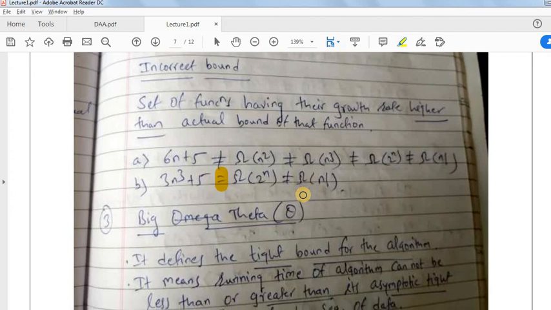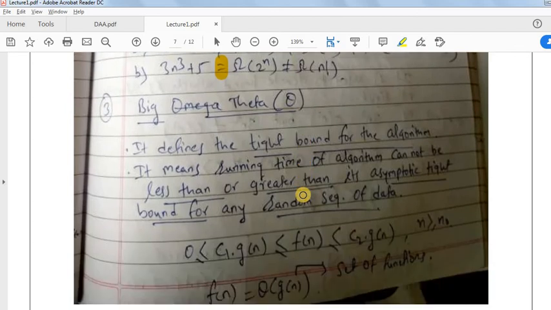The third and foremost category of asymptotic notation is big theta notation. It defines the tightest possible bound for any algorithm. It means the running time of an algorithm cannot be either less than or greater than its asymptotic tight bound for any random sequence of data.